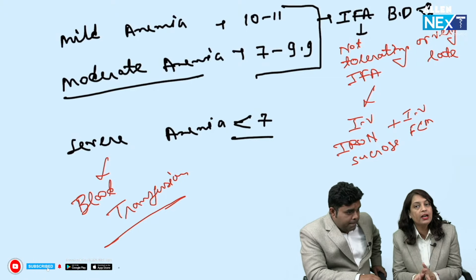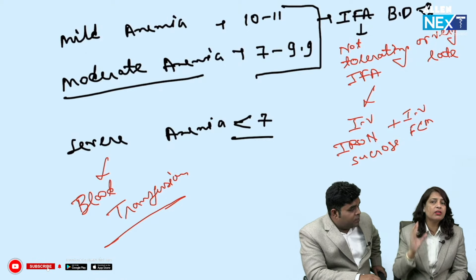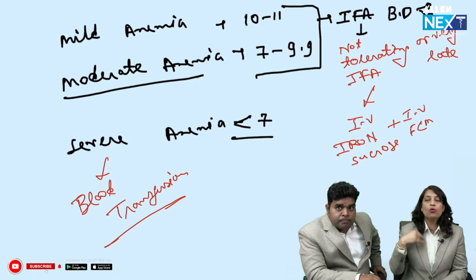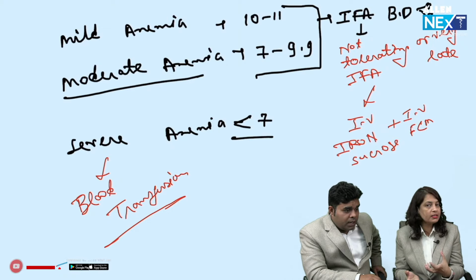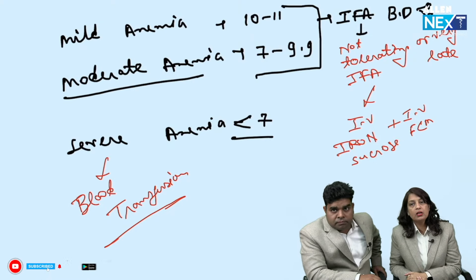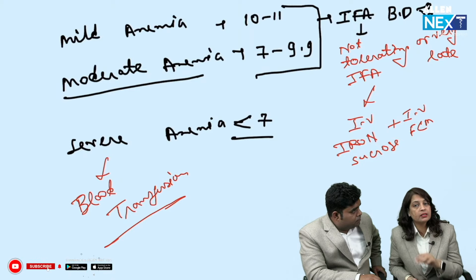If she's coming very late in pregnancy, for example, at 36 weeks, these patients have a tendency for preterm labor pains as well as postpartum hemorrhage, because the tone of the uterus is less in them. So there is a chance of atonic PPH. So preferred is giving blood transfusion. And the best in severe anemia is to give packed cell volume.